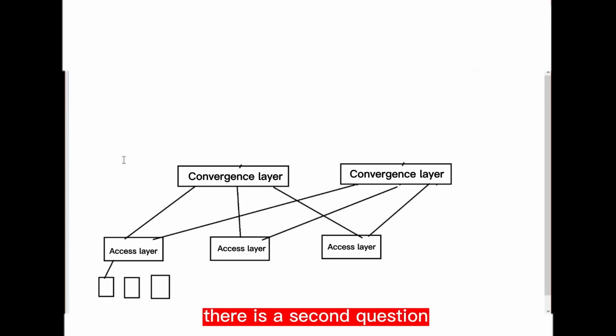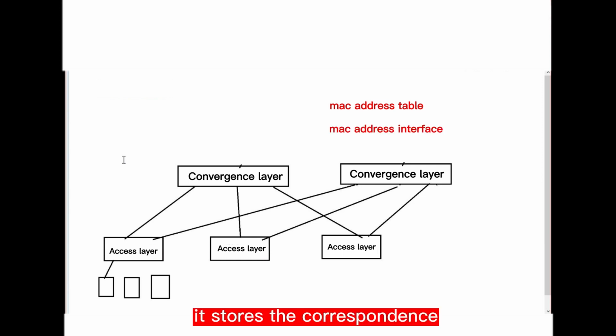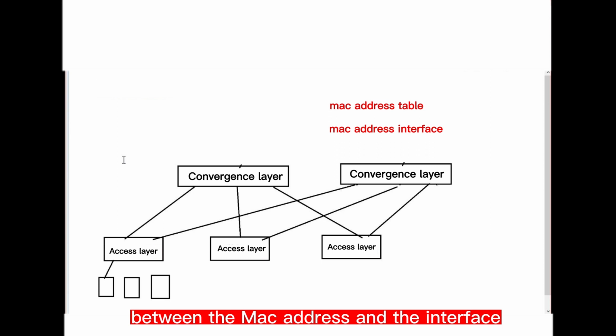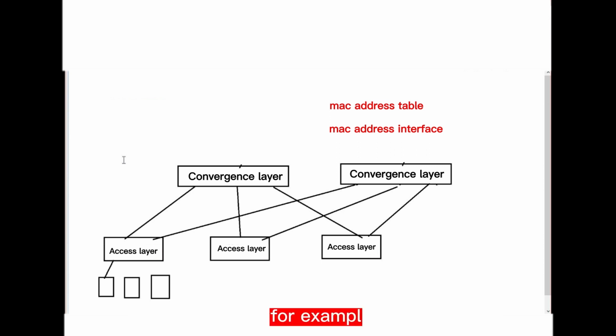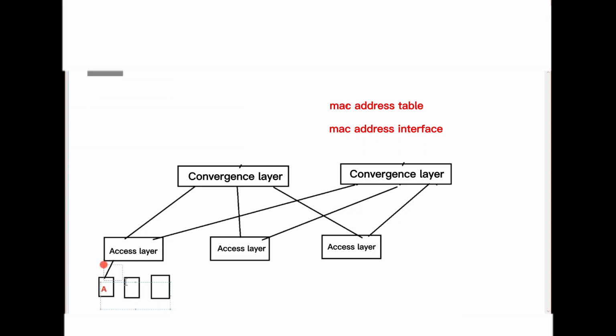There is a second problem. We just learned something called the MAC address table. It stores the correspondence between the MAC address and the interface. For example, the MAC address of this host is A. This interface is 1, this interface is 2, this interface is 3.